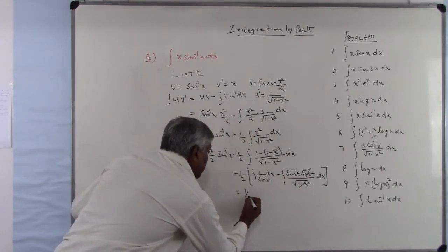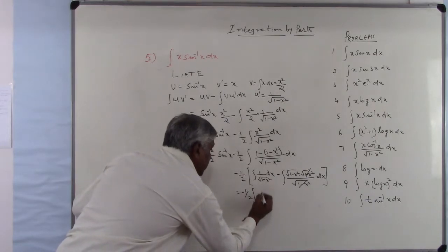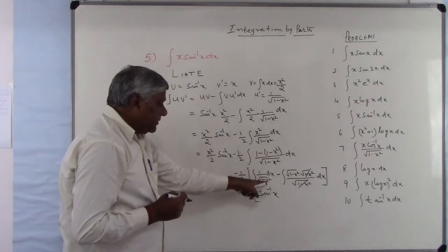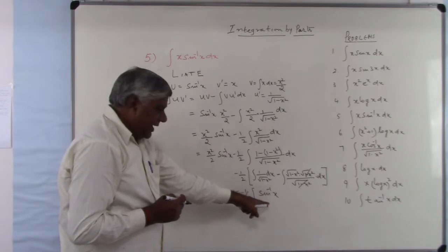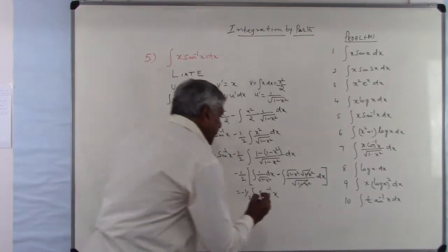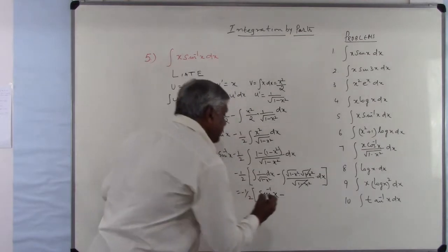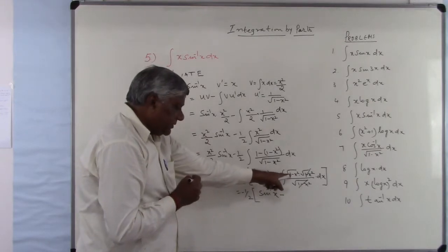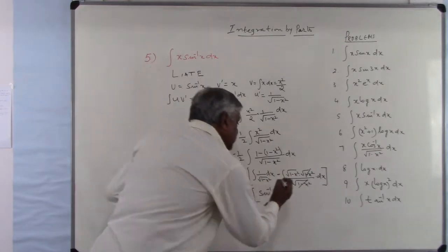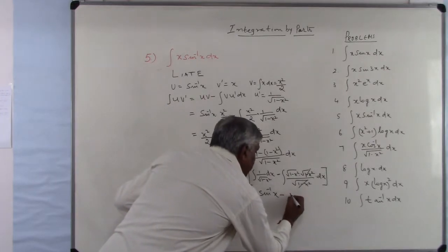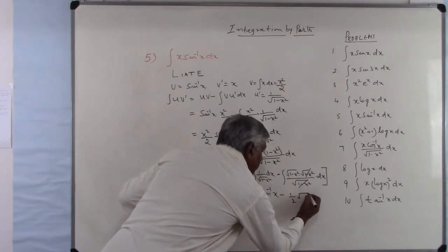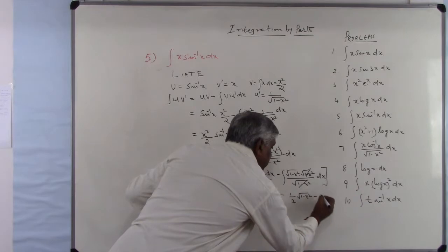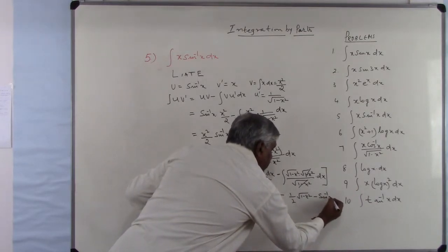Therefore this is equal to minus of, this is nothing but sine inverse x, because the integral of 1 over root of a square minus x square is sine inverse x by a, that is sine inverse x, minus, now this is nothing but root of 1 minus x square, where a square by 2, that is 1 by 2 root of 1 minus x square minus sine inverse x.